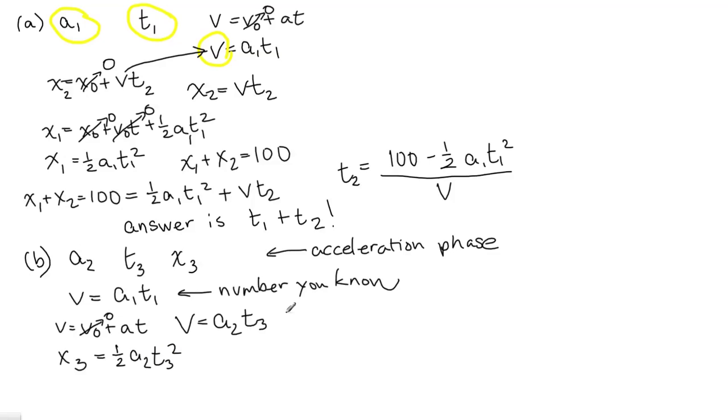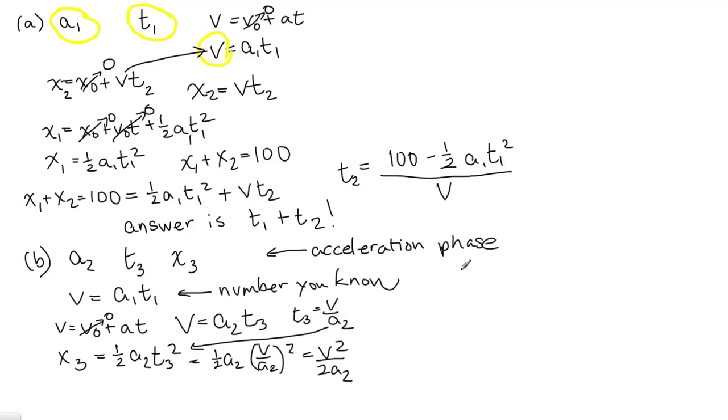Now, from this, we know that t3 is v over a2. I can plug this in there and find out that x3 is also equal to 1/2 a2 times v over a2 squared, which is v squared over 2a2. So that's going to be x3.